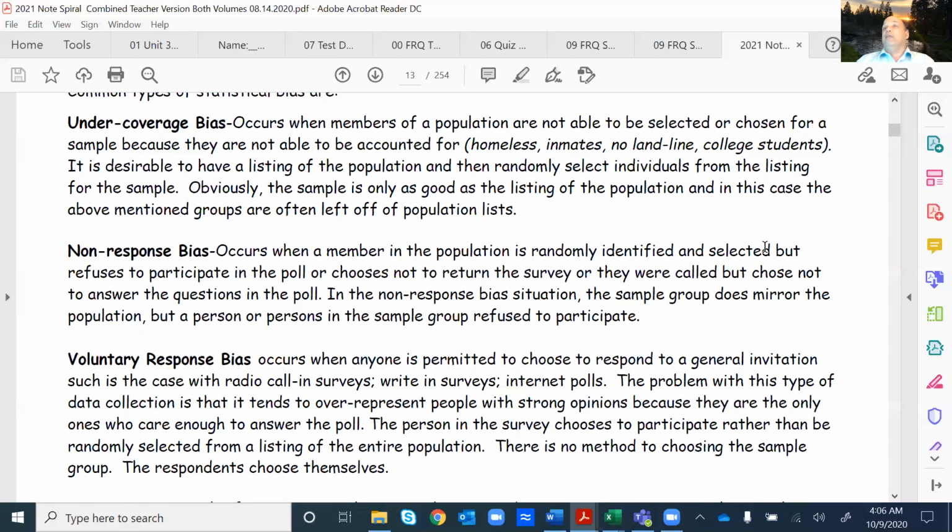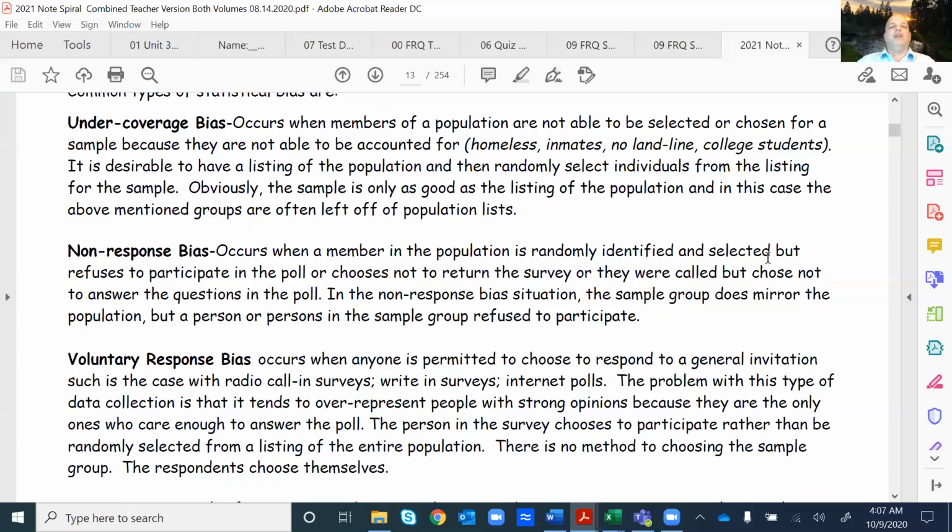Well, that's very difficult because some portions of the population, as in the homeless, don't have mailboxes and most of them don't have email. So consequently, we are overlooking the homeless. We've undercovered them. They are not included in the sample, all right? They're not included in the census, and it's very difficult sometimes to go back and find them.